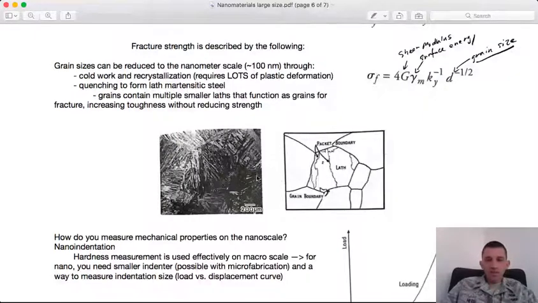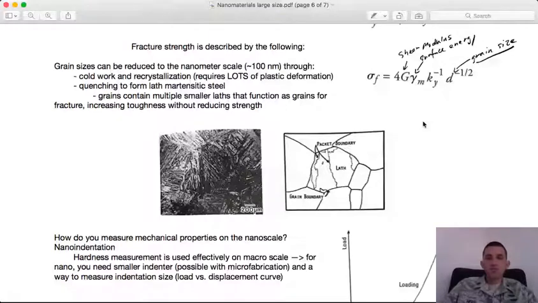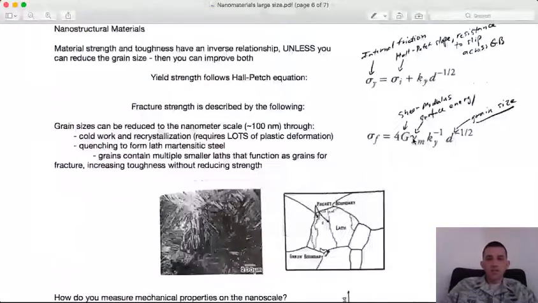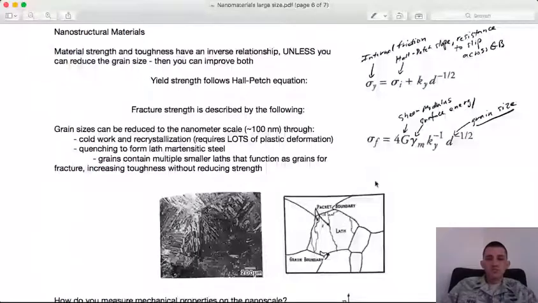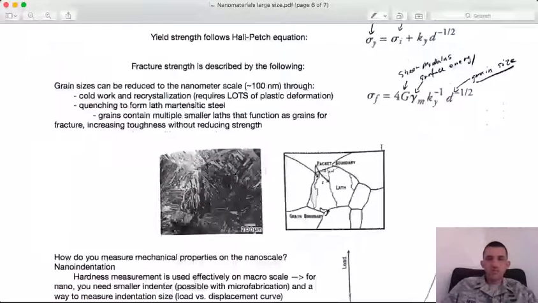But if it grows not exclusively in these needle grains, but actually forms smaller regions that act as grains within the austenite grains, which they call lath, then the size of the lath can be the grain size in these equations, and so you can reduce the size of the functional grain, which allows you to get down to the nanoscale and get yield strength and fracture toughness.